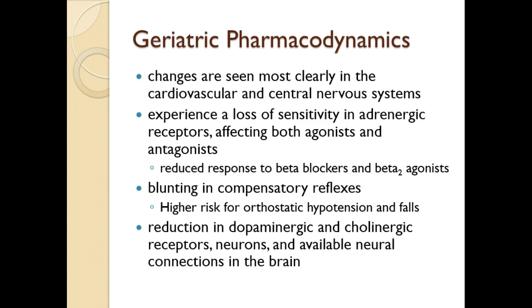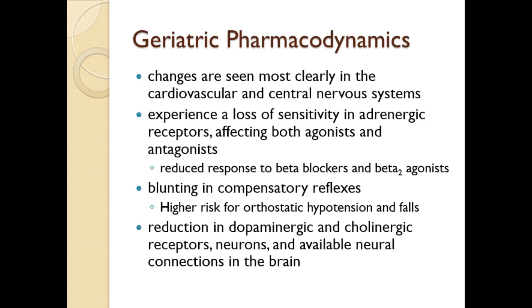They will also have a blunting in compensatory reflexes. So again, as I said earlier, they have reduced physiological responses of the body to maintain equilibrium. So they're more at risk for falls. They're more at risk because they lack any compensatory mechanisms that could have kept them safe.